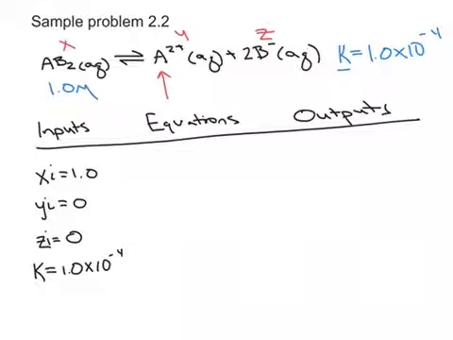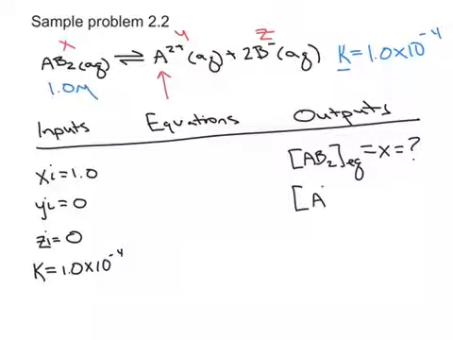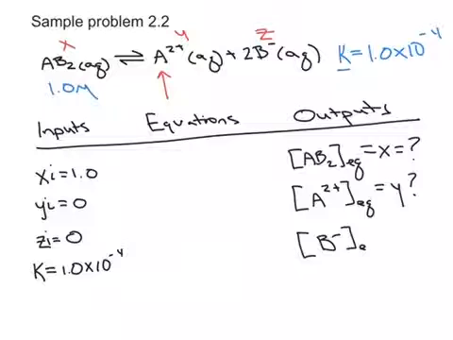So what we want to solve for are concentration AB2 at equilibrium, which we'll call X. We want to solve for the concentration of A2+ at equilibrium, which we will call Y. And we want to solve for the concentration of B- at equilibrium, which we will call Z. Notice that we have 3 unknowns, and that means that we have to have 3 equations to solve for them.